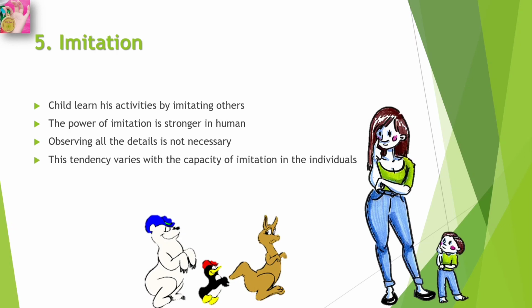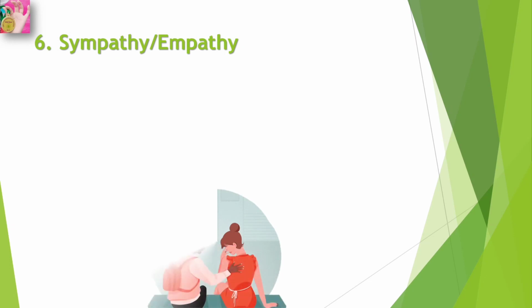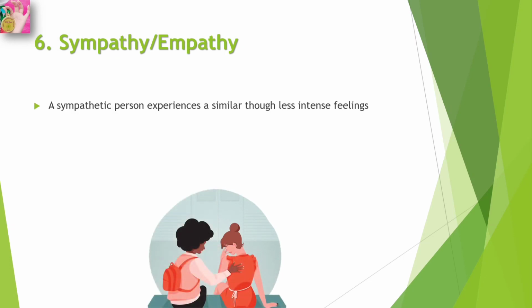And the next social motive is sympathy or empathy, which is about experiencing similar though less intense feelings. Seeing another person in serious trouble, a sympathetic person experiences a similar though less intense feeling. Some people cannot hold back their tears when they see another person crying or on hearing a tragic story.